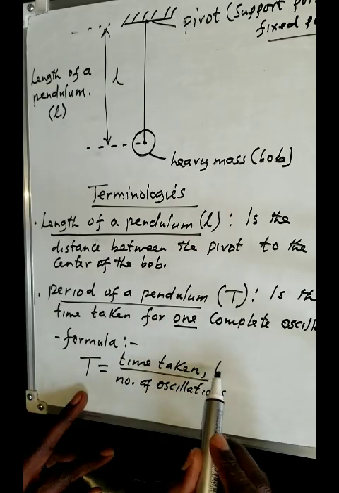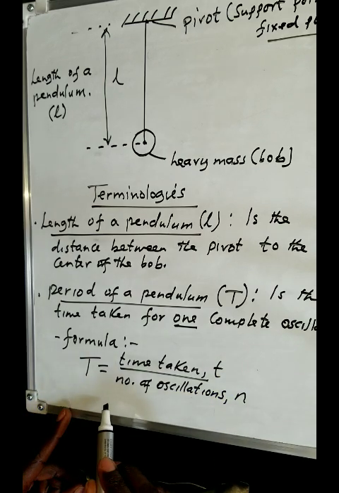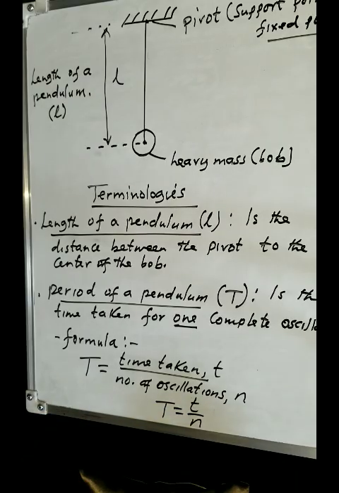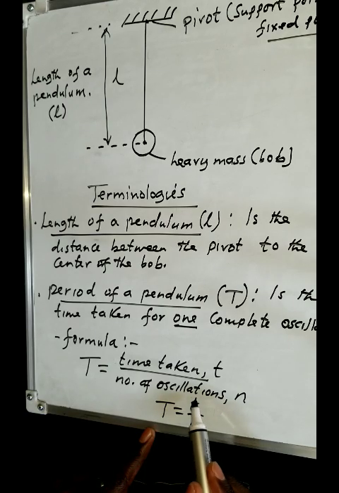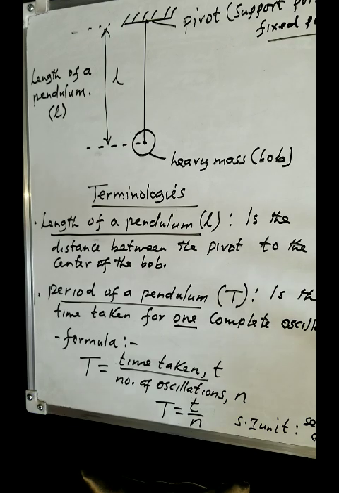Time is represented by small letter t and the number of oscillations by small letter n. So period is the time taken, and remember the SI unit for time is seconds, divided by the number of oscillations. The SI unit in which period is measured is simply the seconds.